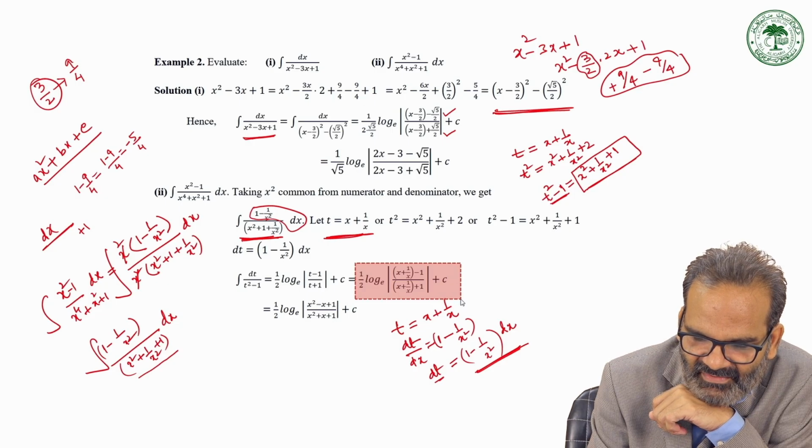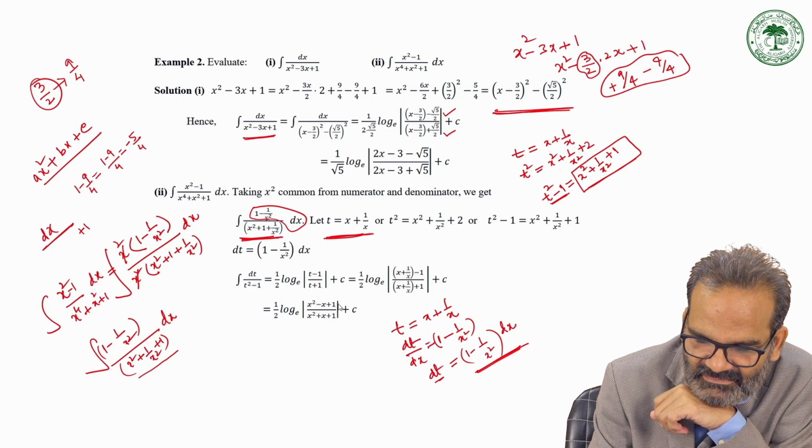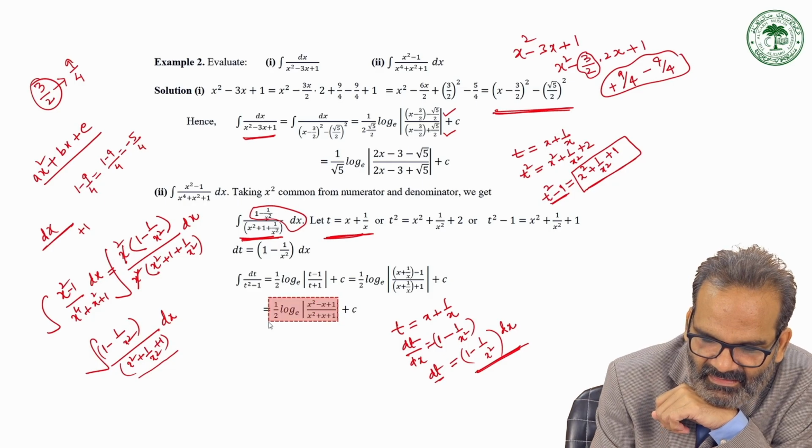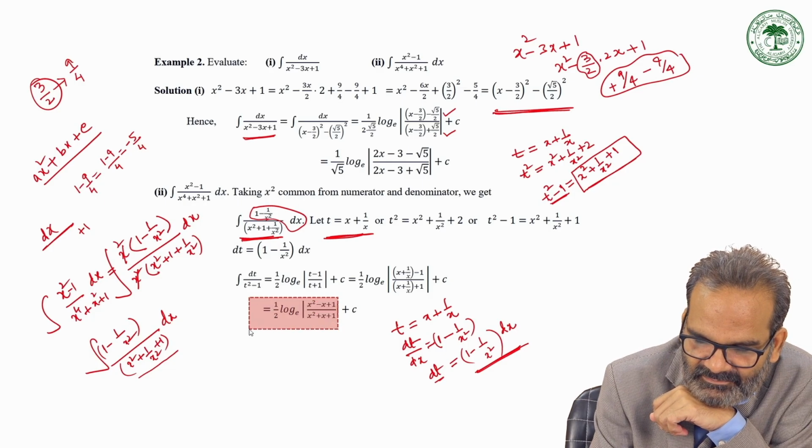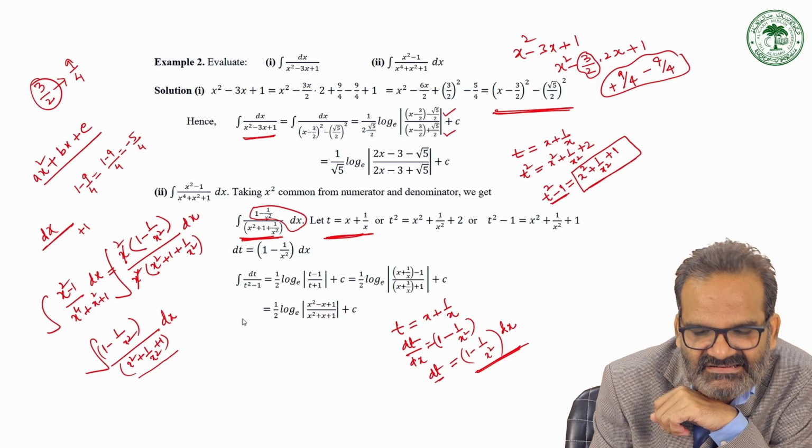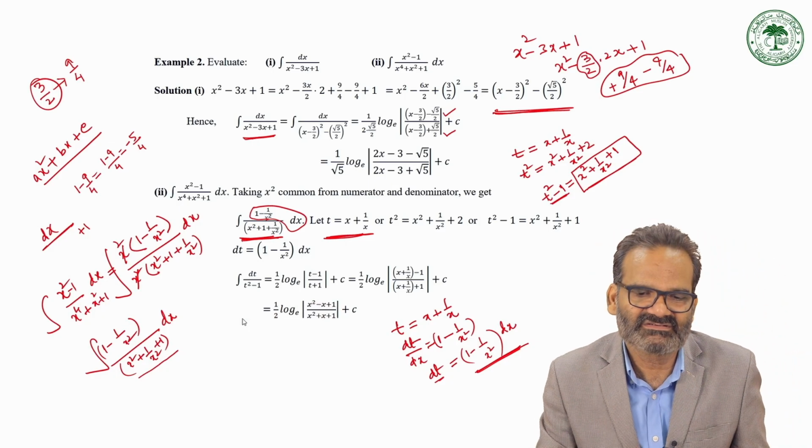Now you can simplify it. 1 upon 2, what will you get here? x plus 1 upon x, you will get x square plus 1 minus x in the numerator. So this is x square minus x plus 1 in the numerator and x square plus x plus 1 in the denominator, plus a constant. So this is the integral of the given function.